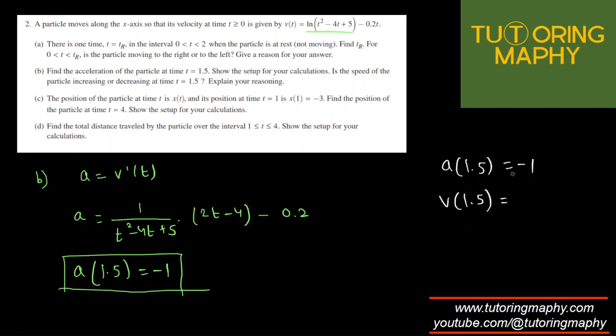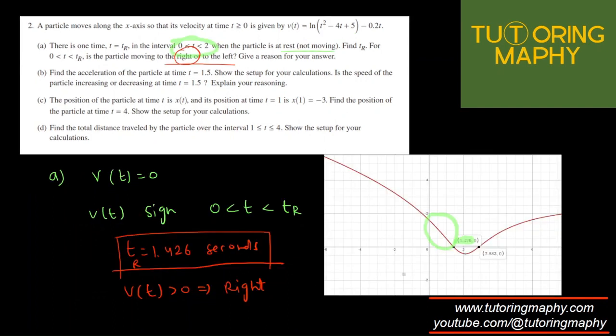And don't you think we don't really have to do that again, because in the last question we already have the curve, and 1.4 is the point where the velocity is 0, and after approximately 1.4, obviously the velocity goes negative.